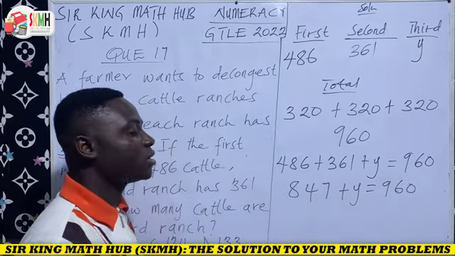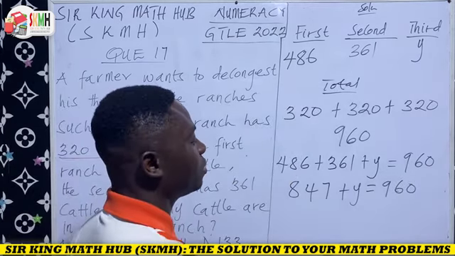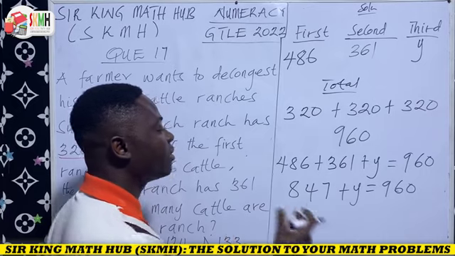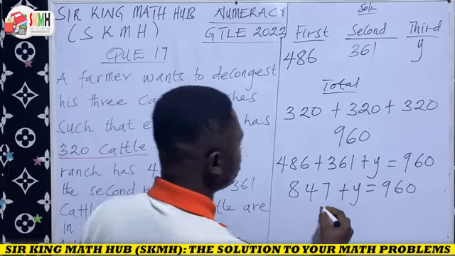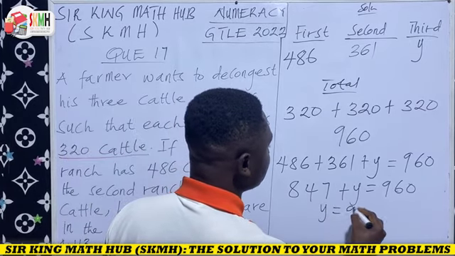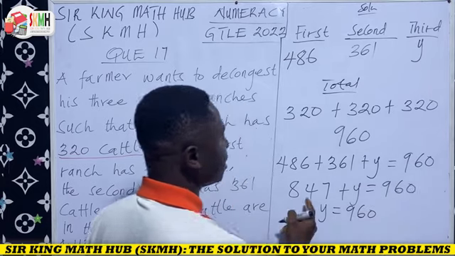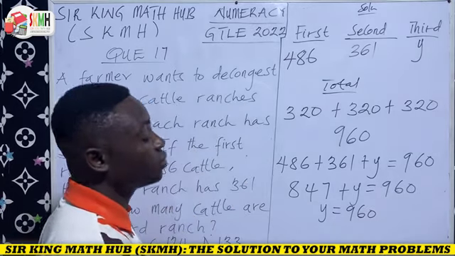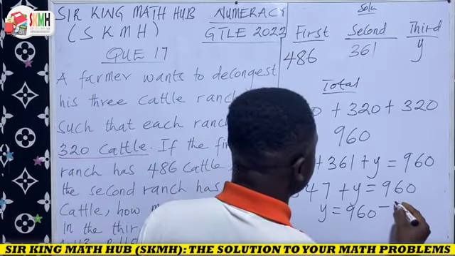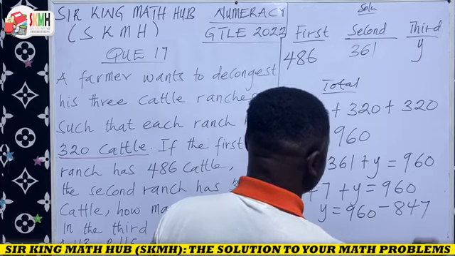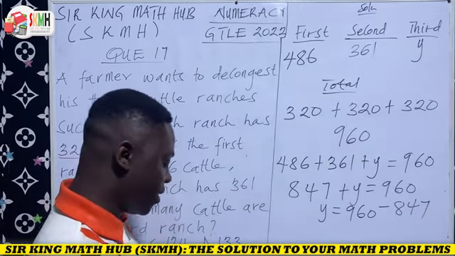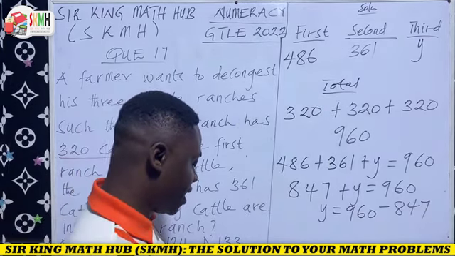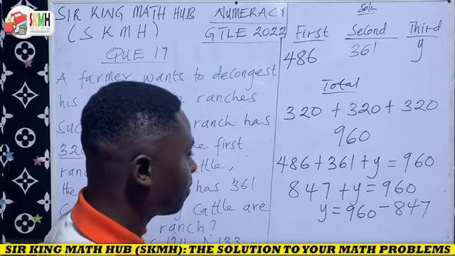We are looking for y, so let's make y the subject by transposing 847 to the right. So we have y is equal to 960, and when we transpose 847 to the right, it becomes negative 847. So what is 960 minus 847?